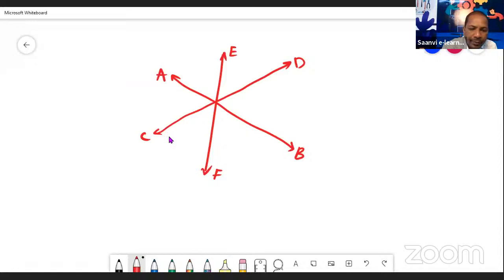And the angles are formed here. And all these lines are intersecting at the point O. And here angle is X degrees. And here the angle is given Y degrees. And here the angle is given Z degrees. So we have to find these three angles. Let us see how to find here.